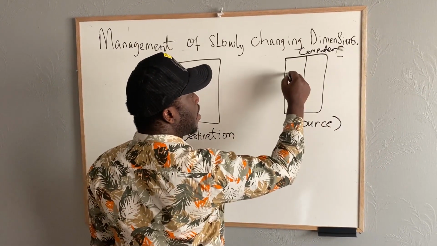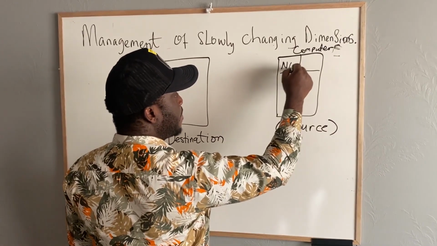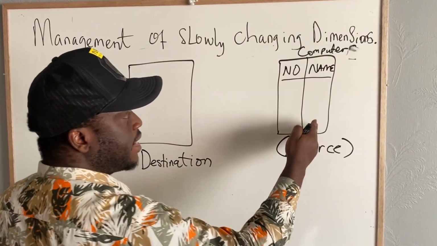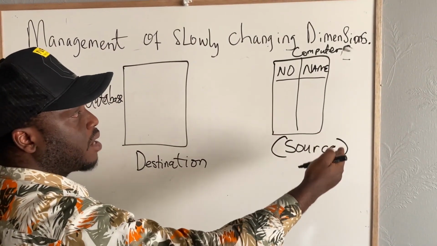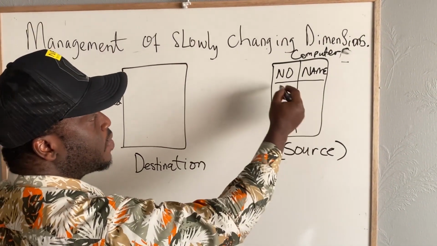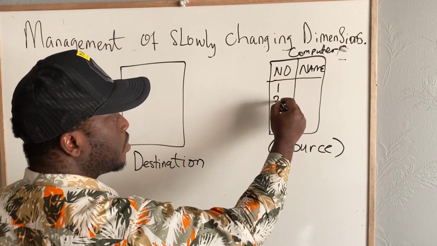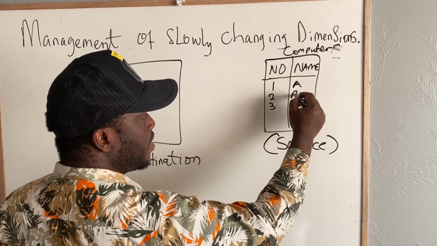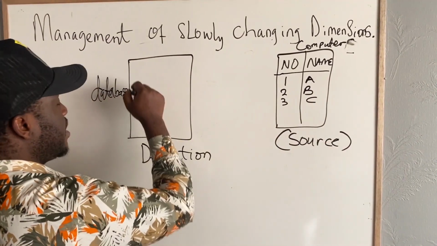If I have two columns, this one is number and this one is name, right? So any day you are interfacing with your customers, they come in and they put in their information. You have 1, 2, 3. And then on the name, you could have A, B, C. This is your database.